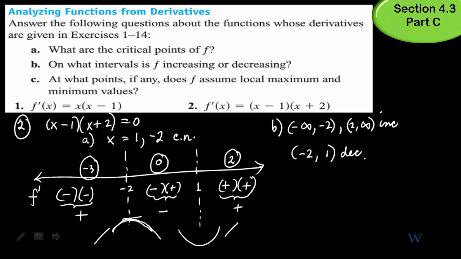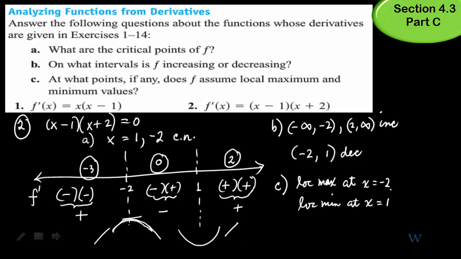So based on what we found here, we can conclude that a local max occurs at x equal to negative 2, and a local min occurs at x equal to 1.